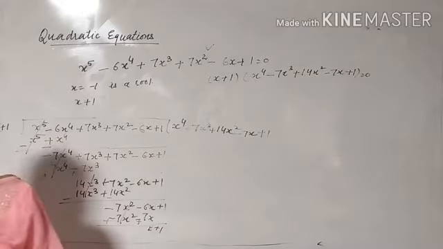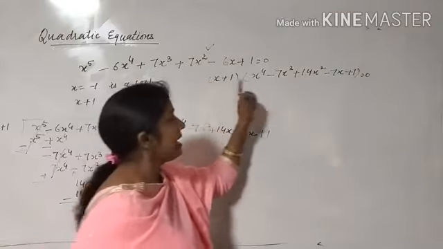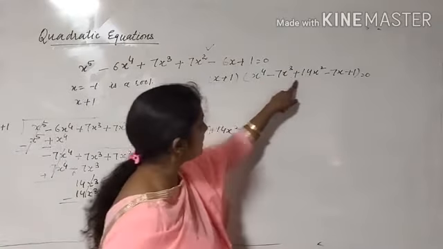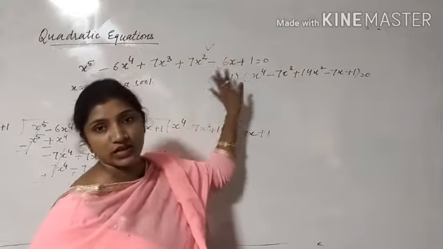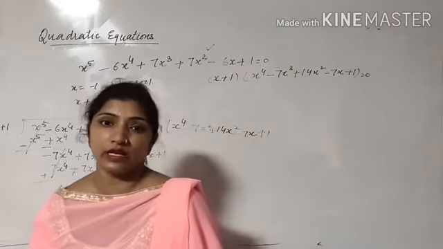Now see, I have divided this equation into two parts. One is a linear term and the other. Clearly if this is a reciprocal equation, then this factor will also be a reciprocal equation.